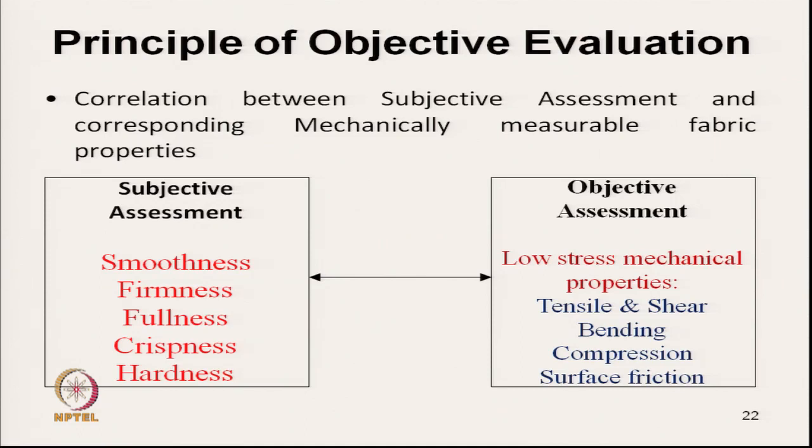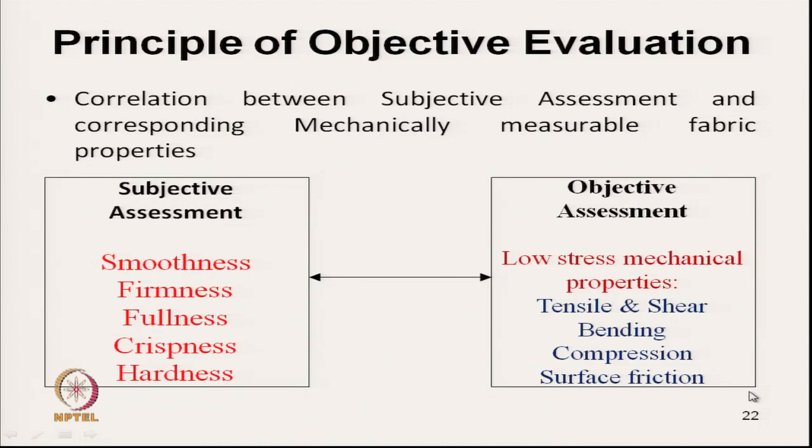We are not talking here about stress up to the end point, the breaking point. Here we are talking about very low stress, which is used for fabric handle characteristics, and shear, then low stress bending characteristics, low stress compression characteristics, and surface frictional or surface roughness characteristics.